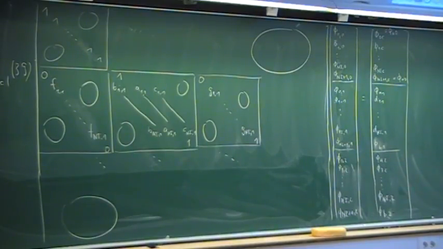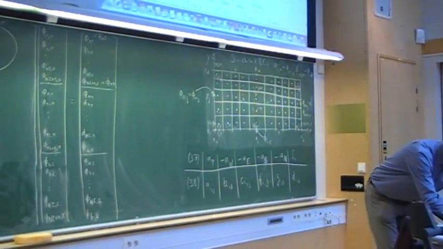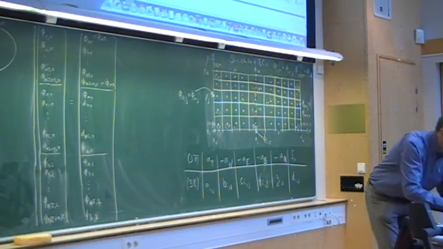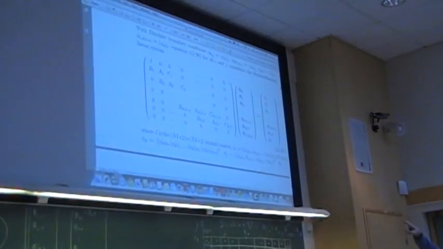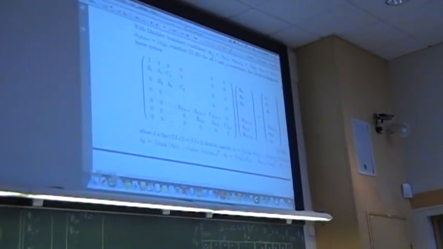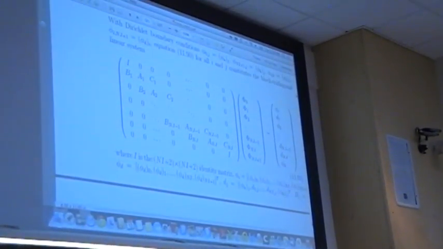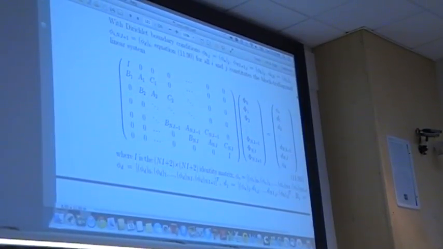Just let me show it to you in the lecture notes. So here we are. So that's the system that we will get in the end. You see the I is the identity matrix. This is then called the capital B1, capital A1, and the capital C1.